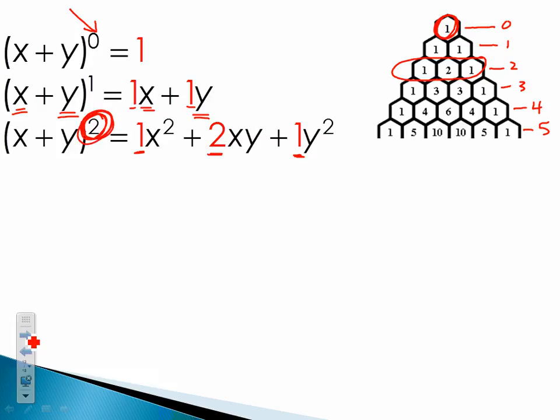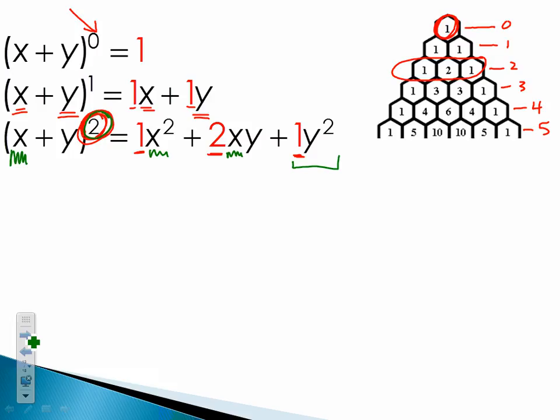Now, x is the coefficient on the left. So I'm going to be doing x to the 2nd power, and I'm going to start on the left. So it goes x to the 2nd, and then I work my way down. X to the 1, it's like a countdown, like New Year's Eve. 2, 1, 0. I don't have an x right here.